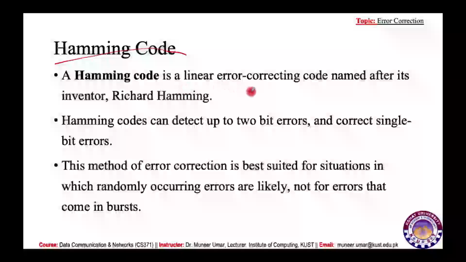Hamming code is a linear error correcting code named after its inventor, Richard Hamming. Hamming codes can detect up to 2-bit errors and correct single bit errors. We will see how the detection and correction take place with an example. This method of error correction is best suited for situations in which randomly occurring errors are likely, not for errors that come in bursts.